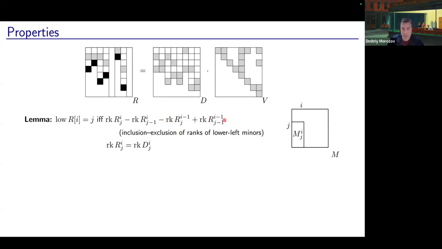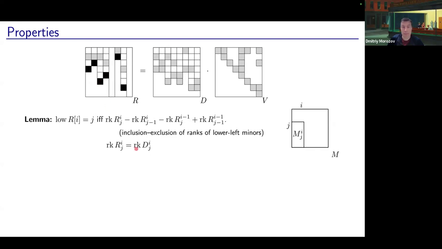Yeah, this should be 1. So by this notation R_ij, I really mean the lower left minor at row J, column I, and this is R_ij minus rank of R_{i-1,j} minus R_{i,j-1}. Except my numbering I think is screwed up, so that should be flipped, and plus this.